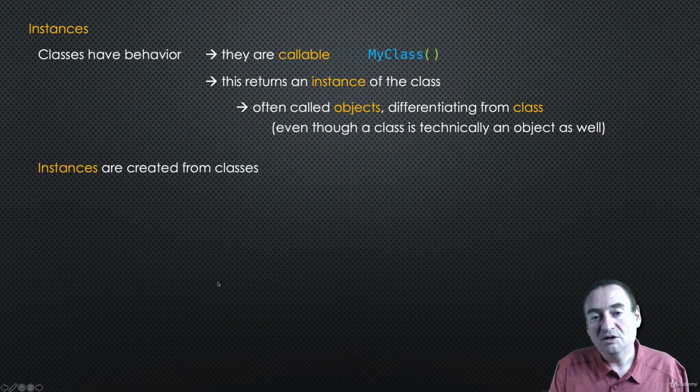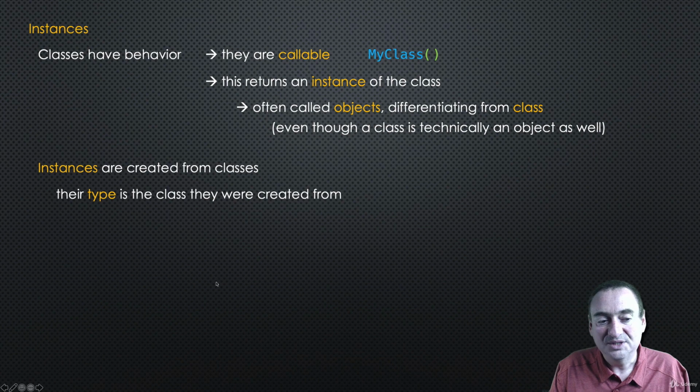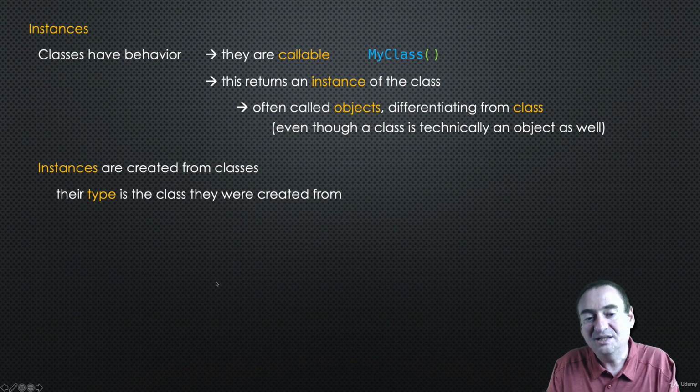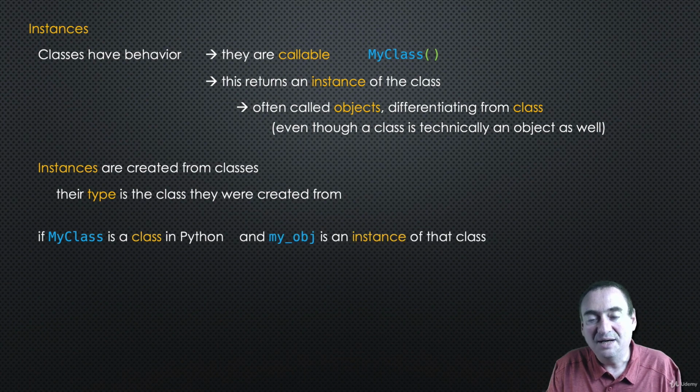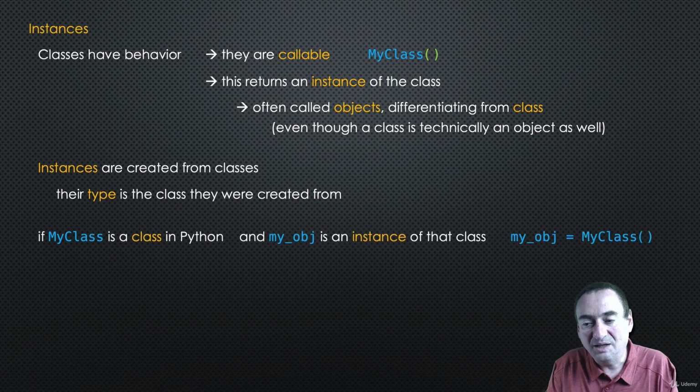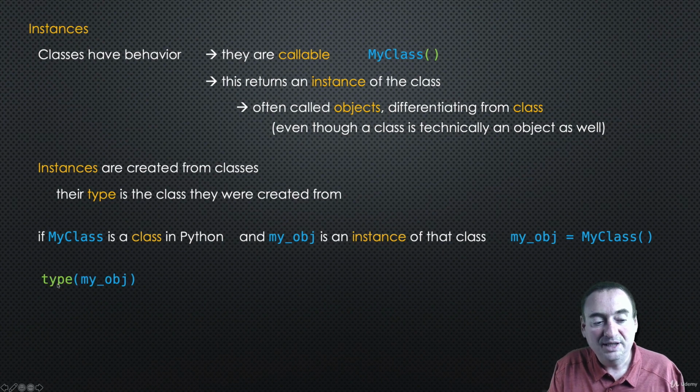So instances are created from classes, from types. So their type is the class they were created from. If my class is a class in Python and my object is an instance of that class that we create this way, my object equals my class, and we call it, then if we look at the type function and we pass it this instance object, we will actually get the my class object back, right? We're going to get an object back.